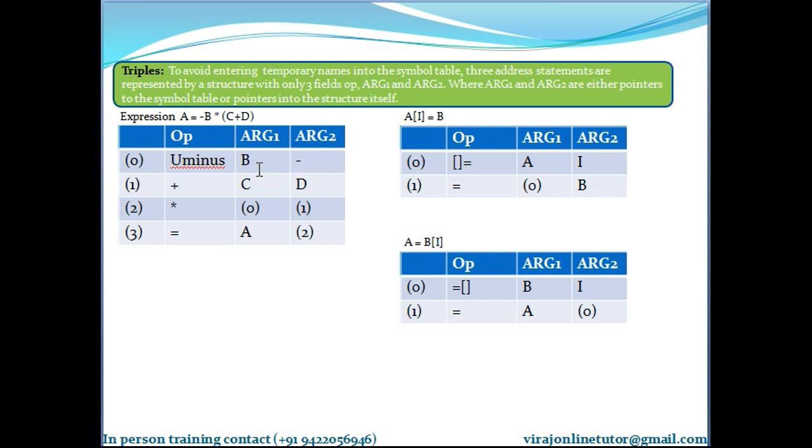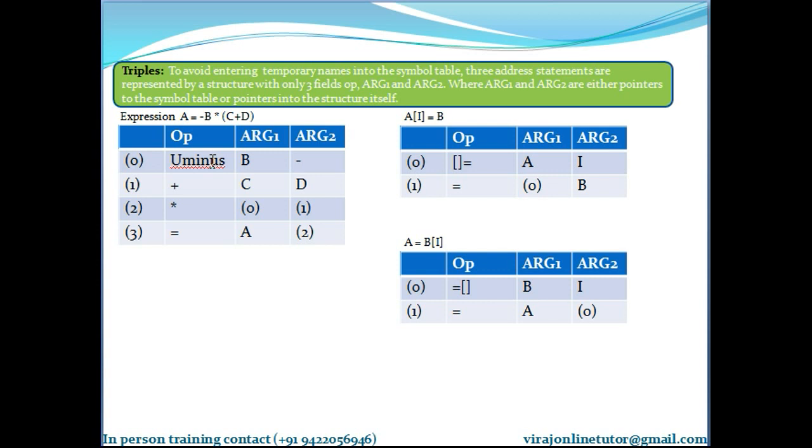That's a different way of representing three address code. The structure has only three fields: first is the operator, second is argument 1, third is argument 2, where argument 1 and argument 2 are either pointers to the symbol table or pointers to itself.